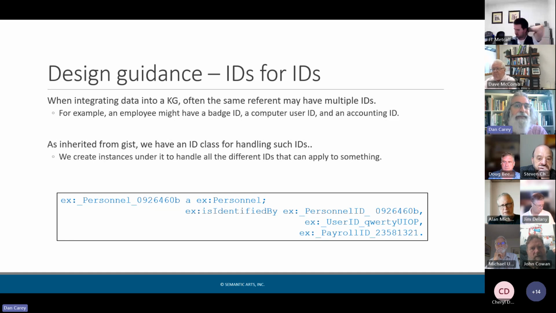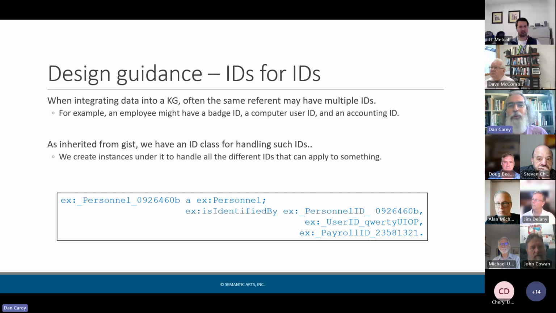But key to that is having just the ID string in a nicely searchable format. So you can say, find me the things that have this ID string, and then the identifier that's associated with it, and then this is the thing that's identified by that ID. So you've got a nice chain to get where you need to be.